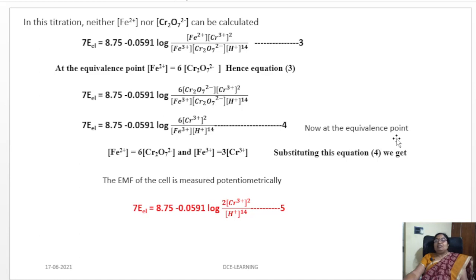Now at the equivalence point, Fe2 plus is equal to 6 moles, and Fe3 plus, the oxidized form, is equal to 3 moles of chromium 3 plus ion. Substituting this in the equation, you get the EMF of the cell equal to 7E, which is equal to 8.75 minus 0.05 log of the oxidized to the reduced state.